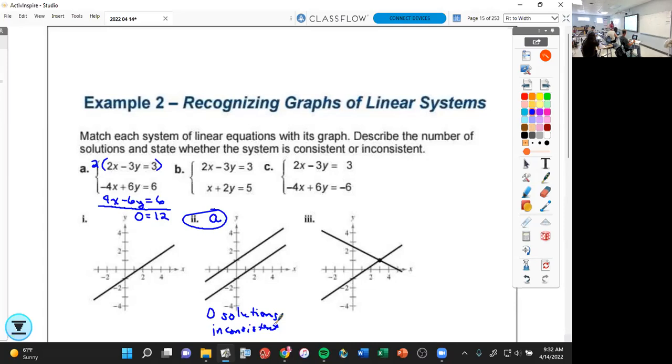So consistent or inconsistent? Consistent. How many solutions does B have? So right here, we have one solution. And we have consistent. And it doesn't ask us to say anything about dependency, but Sean is exactly right. This is independent, right? Lines are doing their own thing.